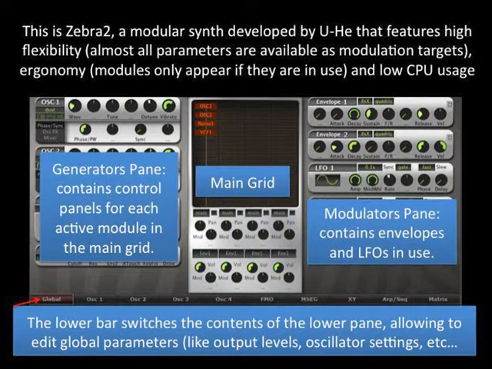And finally at the right side we can see the modulators pane that contains all envelopes and LFOs in use. At the bottom of the screen you can see a bar that has several tabs on it. Each one of these tabs switches the contents of the lower pane, allowing to edit different parameters within the synth.